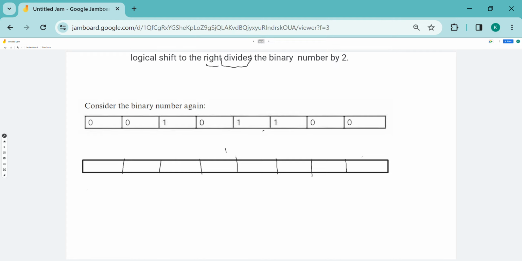So I need to shift the number like this, 0 here, 1. What I am doing is shifting the number and dropping this bit, right? So let's shift the number 0, 1, 1, 0, 1, 0, 0.